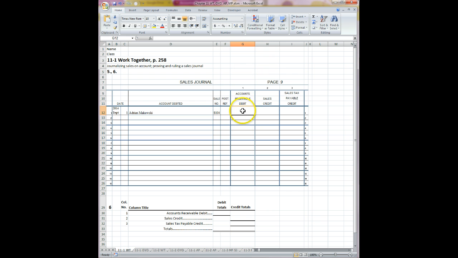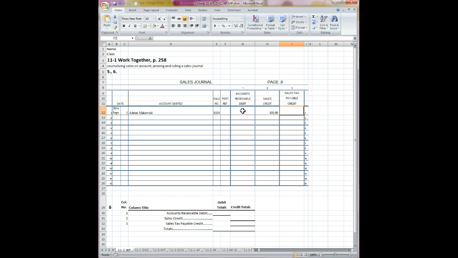Our accounts receivable debit is going to be the total amount of money that we are owed, right? That means we have a sale and we have sales tax. So let's do those first, actually. Our sale was for $800, and that's a credit, right? Sales is an owner's equity account. We increase owner's equity accounts with a credit.